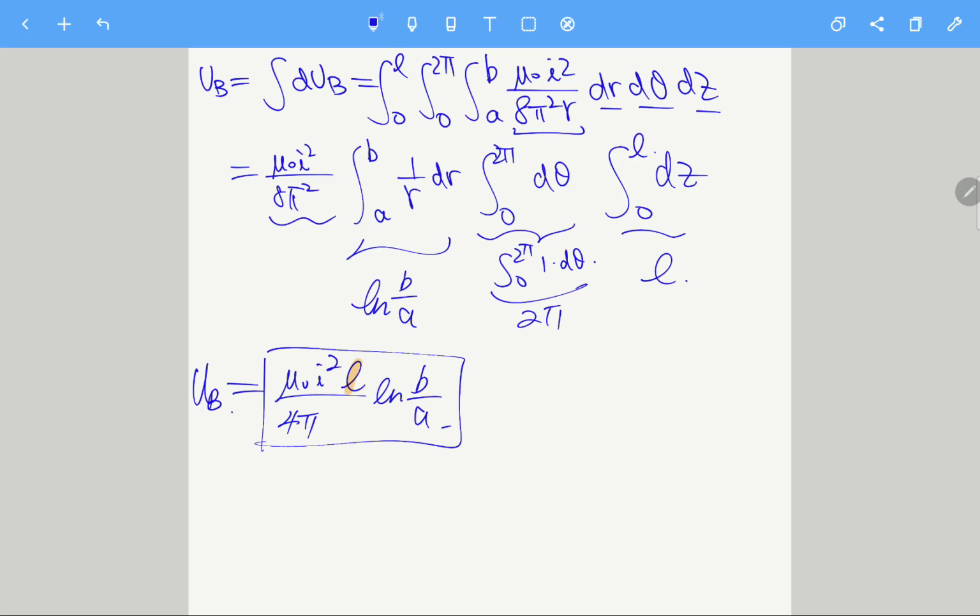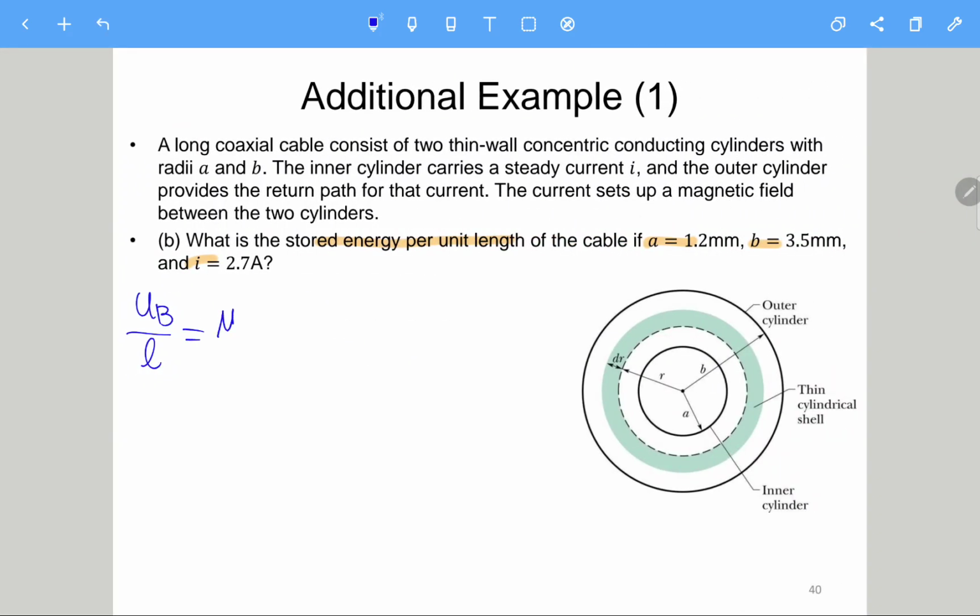So actually U_B over L is nothing but mu 0 I squared over 4 pi times the natural log of b over a. So we can just plug in the values.